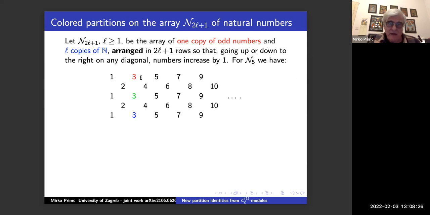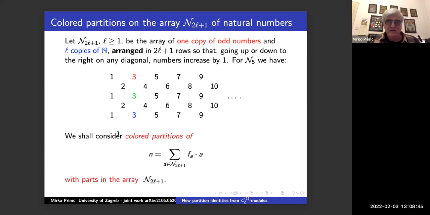So number 3, for instance, appears 3 times here. So we should think of it as one colored in, say, red, another in green, and the third one in blue. So we shall consider colored partitions of n with parts in this array. So a are in this array, and this is written in terms of frequencies.